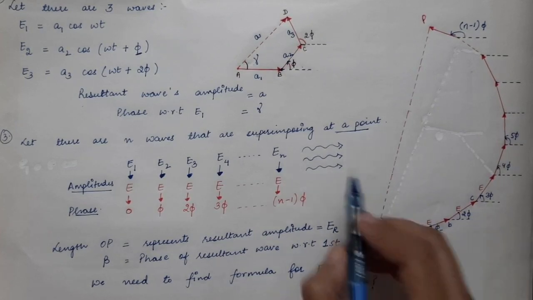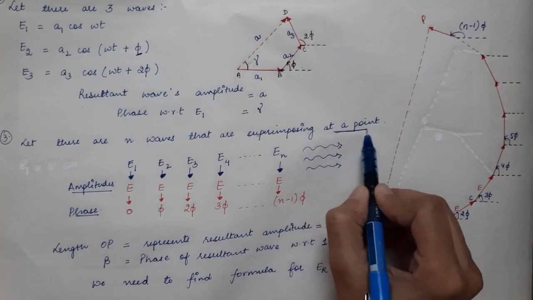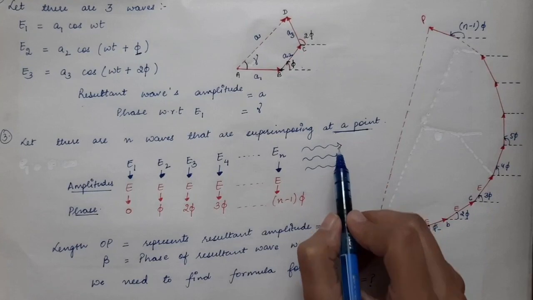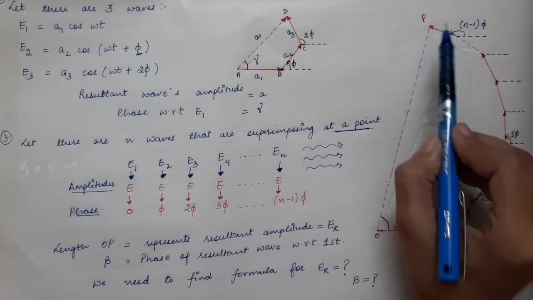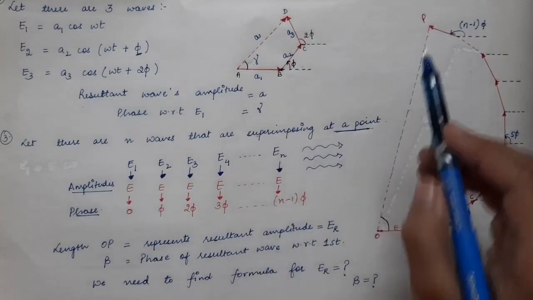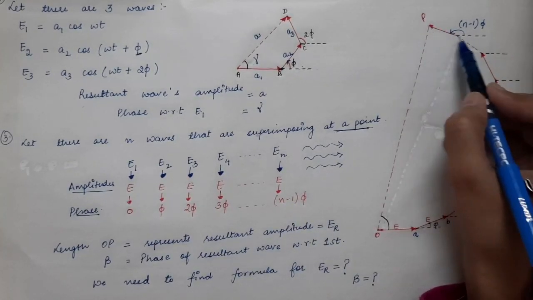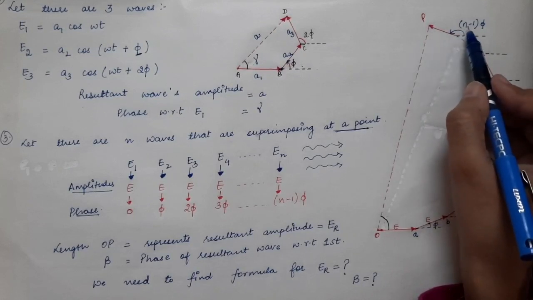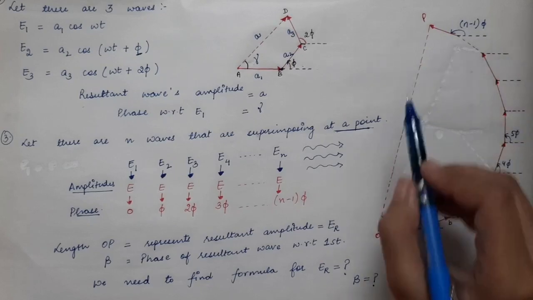In actuality, there are n number of waves superimposing at a particular point in space. Let's say this is the nth vector and it represents the nth wave. This is the last vector, and it will make an angle of n minus 1 times phi with respect to the horizontal.